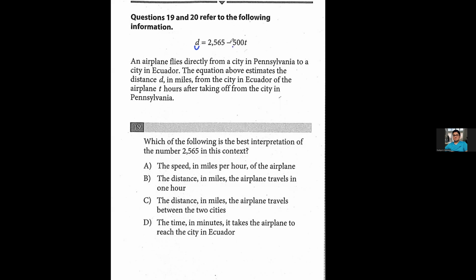So t is time, so this is how much they travel in an hour, and the 2,565 is the initial distance. So what is the interpretation of 2,565? It's not speed. Distance in 1 hour, no, that would be 500. Distance in miles between the two cities, so the total distance. The correct answer is, I'm sure, C. And time, well, this time is t, not 2,565.